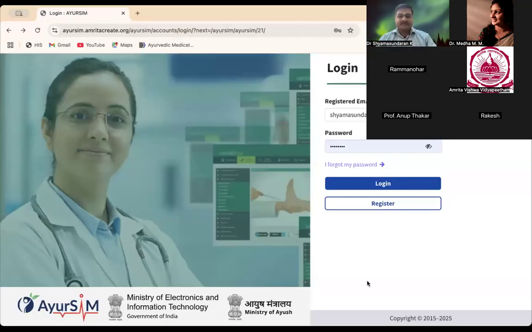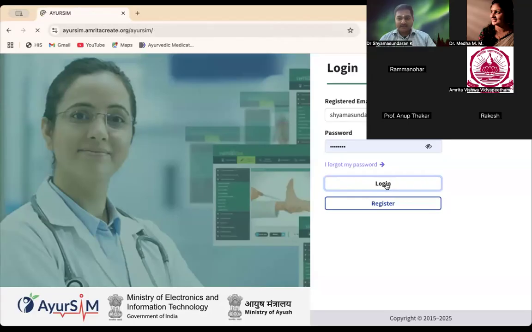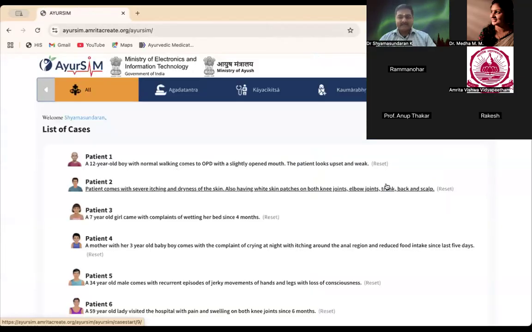So this is how you will see the AyurSIM portal when you log in. You would have a registered email ID, and you should make a password. With that, when you click login, you will right away land on a home page.